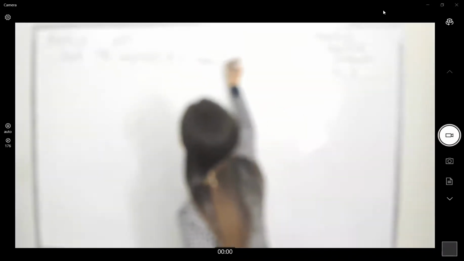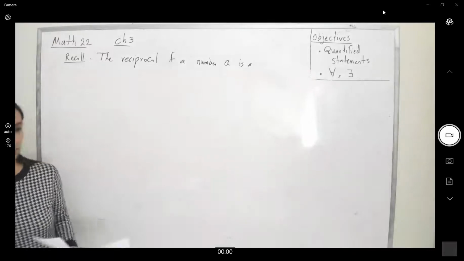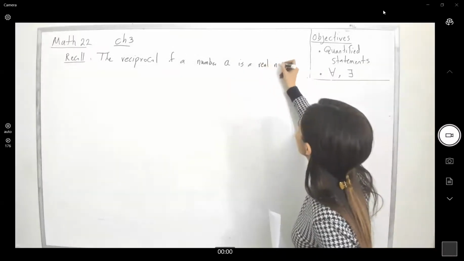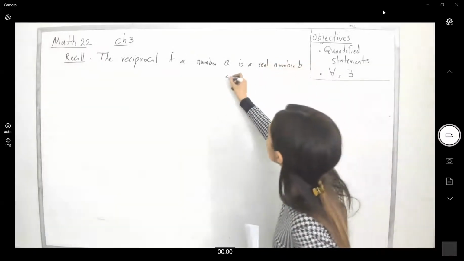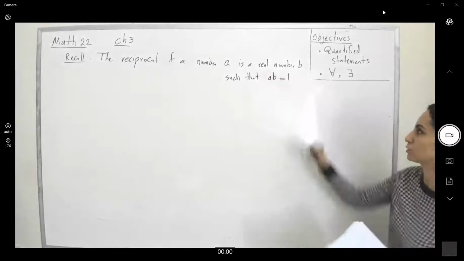Recall that the reciprocal of a real number like A is a real number B such that A times B is equal to 1.